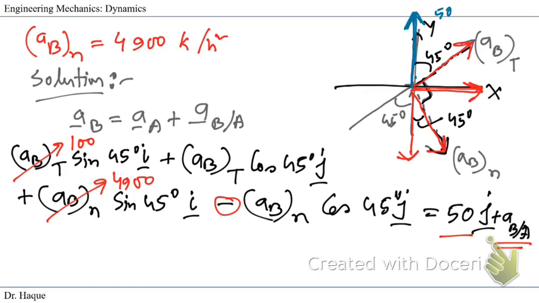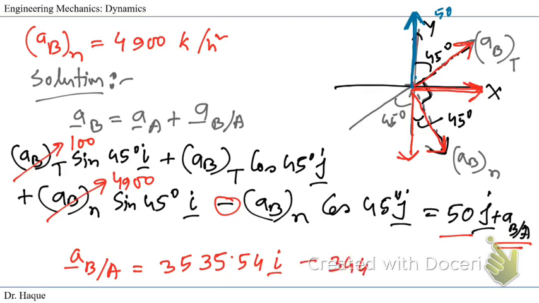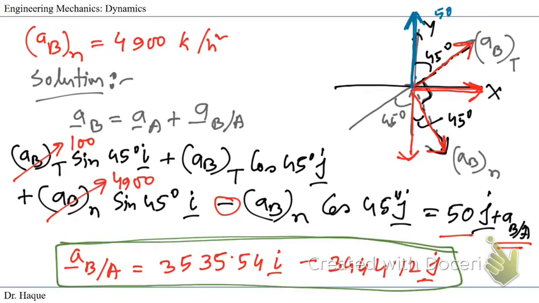So if we solve, A B over A becomes 3535.54 I negative 3444.12 J. So this is the vector form of the relative acceleration.